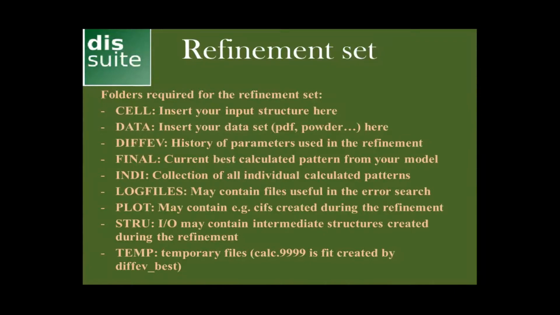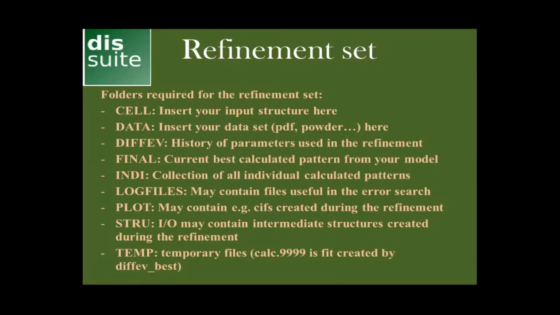The cell folder is used for putting your input structure, or input structures, in there, and the data folder will contain your data set against which you want to refine your model. Of course there are several other folders like diff, final, indi, and so on.